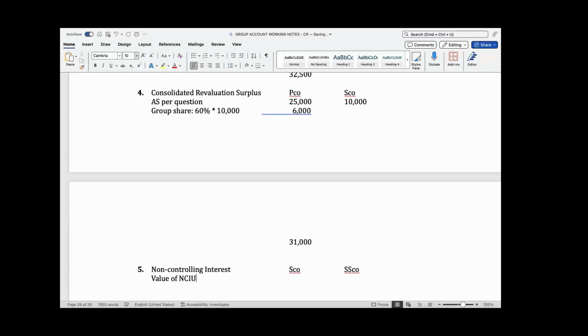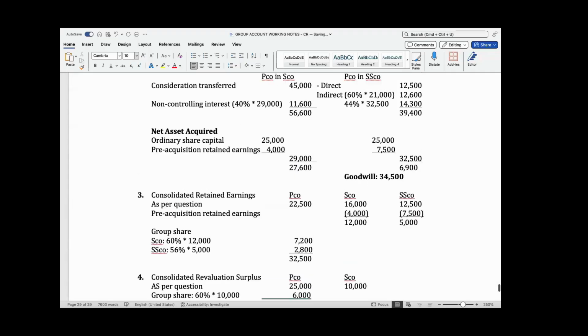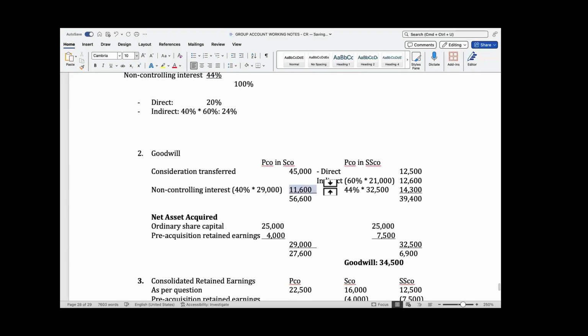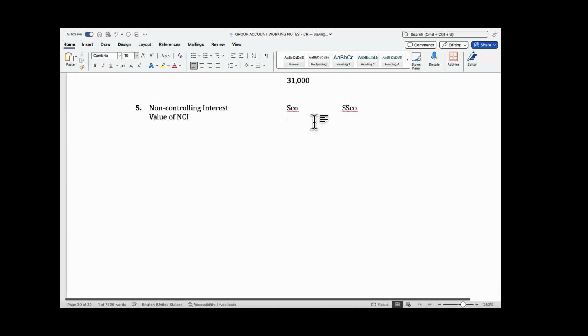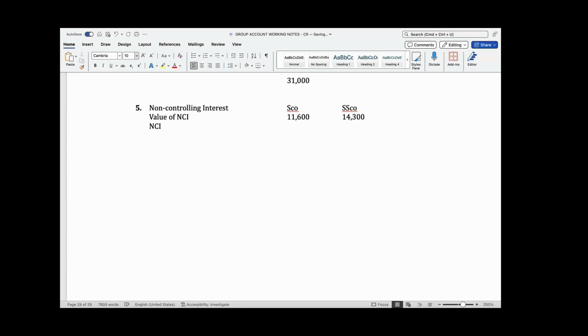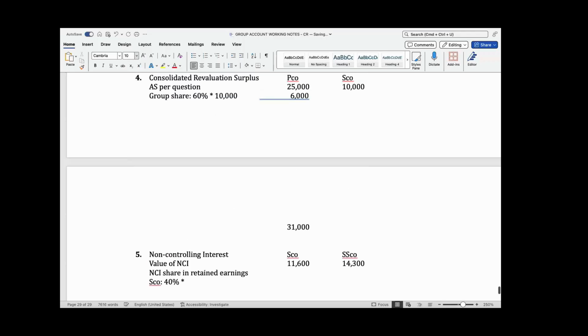So value of NCI, this is 11,600, this is 14,300. NCI share in retained earnings. In ESCO, we have 40% times what?